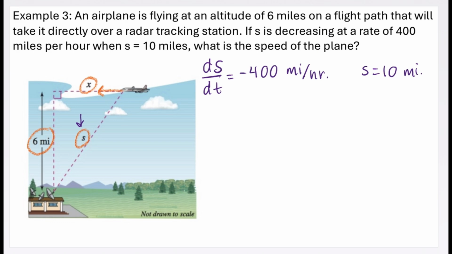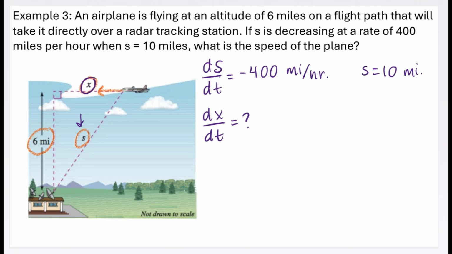And then we're trying to find the speed of the plane. So the speed of the plane is going to be related to this x. It's actually going to be dx dt, the absolute value of that, because speed is always positive if it happens to be negative. But we're looking for dx over dt. That's what we're trying to find, which would be the speed of the plane.